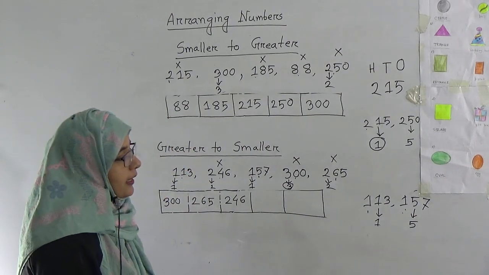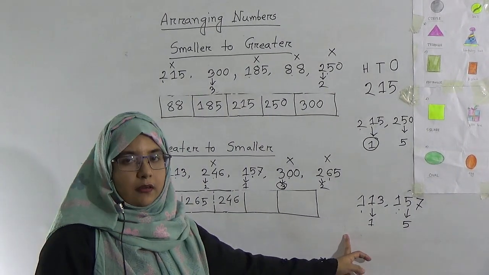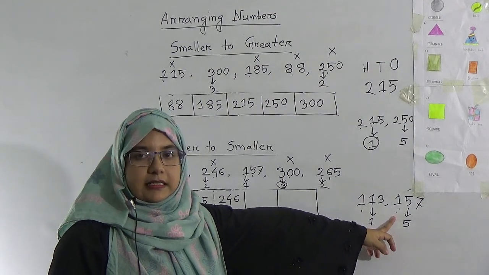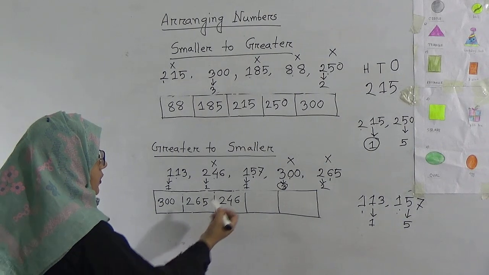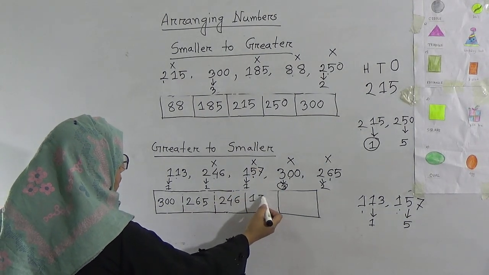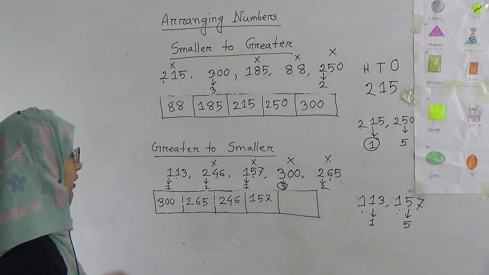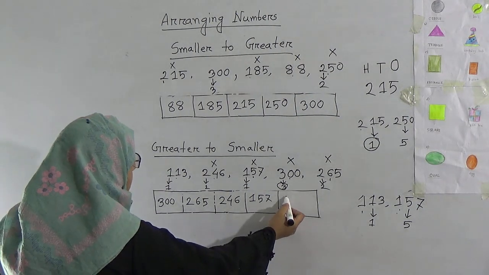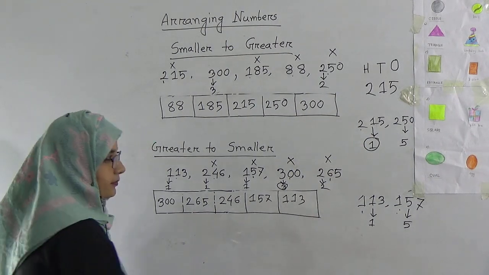See, 1 is less than 5. So 5 is greater than 1. So the number 157 is greater than the number 113. So we have to cut the number 157 and write it here. And last we have only one number left, the number 113. We have to write it here.